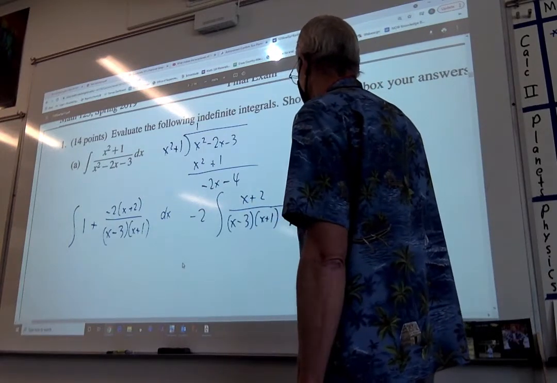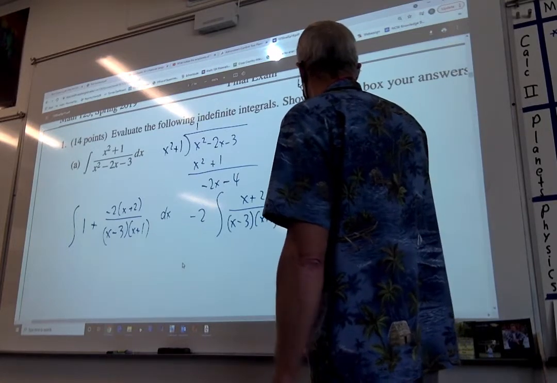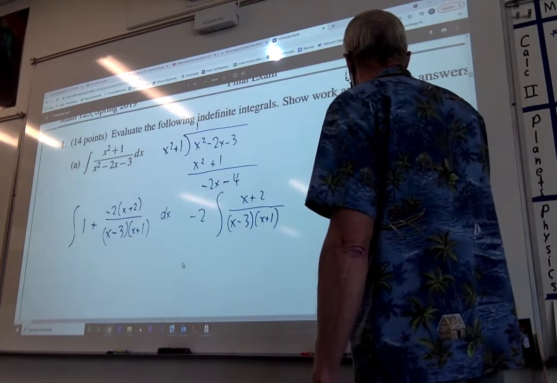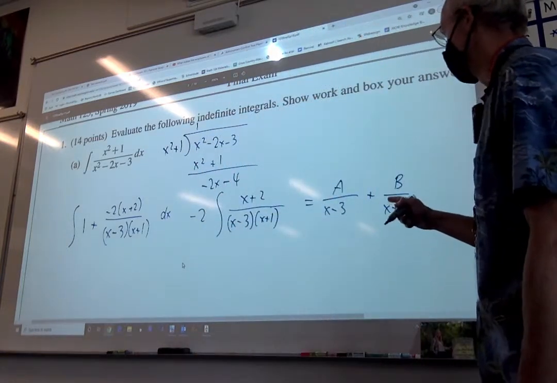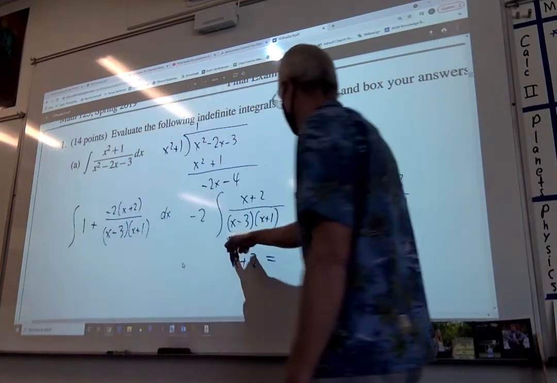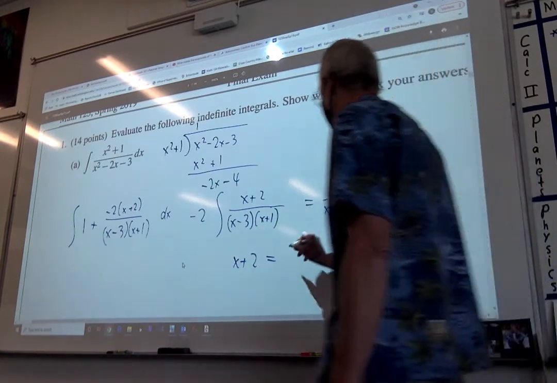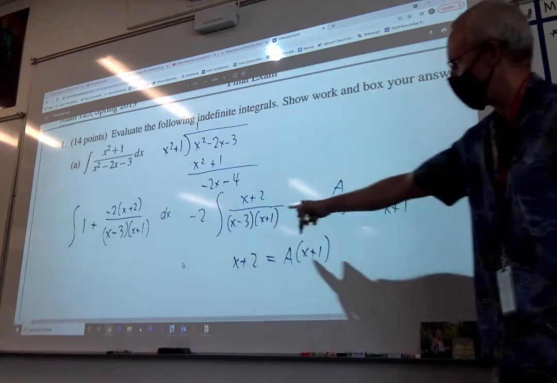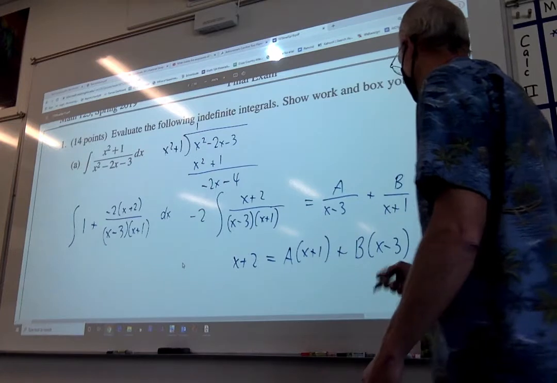So this thing here is equal to a over x minus 3 plus b over x plus 1. Multiply both sides by what's in the bottom, so you get x plus 2 equals a times x plus 1 plus b times x minus 3.